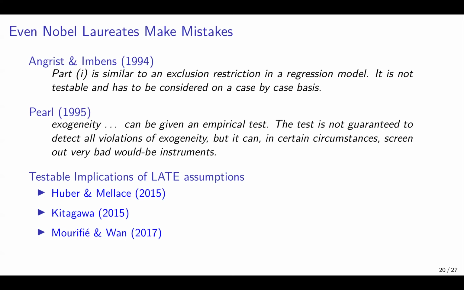So as Pearl wrote in 1995, exogeneity can be given an empirical test. The test is not guaranteed to detect all violations of exogeneity, but it can, in certain circumstances, screen out very bad would-be instruments. So it turns out that the LATE assumptions actually can be tested, or rather, they do have testable implications.